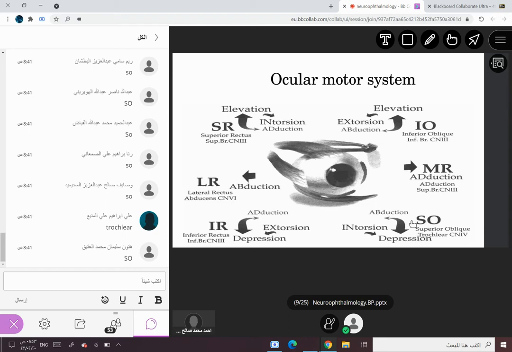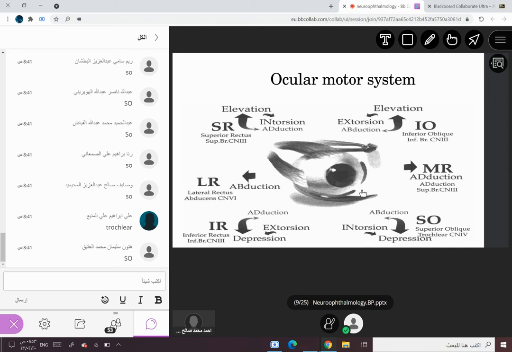Now let's go to the oblique muscles. The primary action of the oblique muscles is cyclotorsion: intorsion for the superior and extorsion for the inferior. Sometimes the action depends on the degree of the gaze, whether it is 30 degrees, 45, 60, whether it is in primary position or somewhere else.